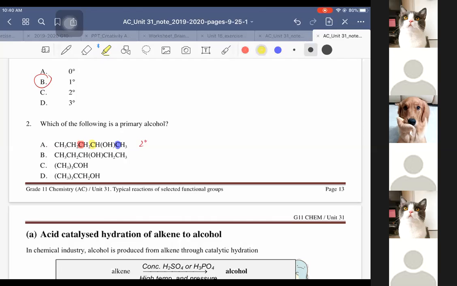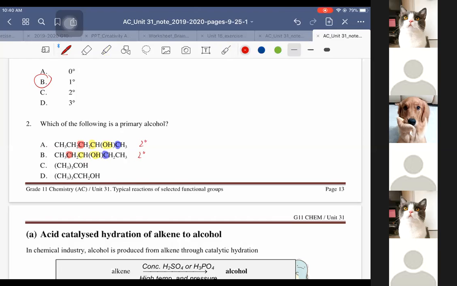We use the same method to examine the second one. This is the carbon attached to the OH group. On the left hand side, we got this alkyl group, and on the right hand side, we got this alkyl group. Of course, it needs to be bonded with 4 bonds, so the other one left is a hydrogen atom. So for that molecule, it's a secondary alcohol.